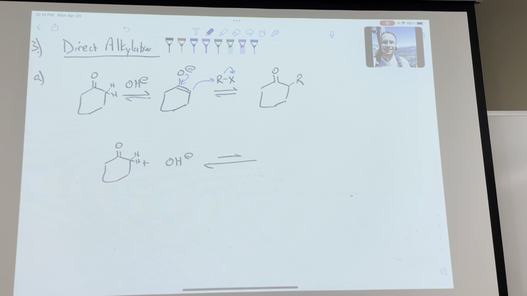So the pKa, as I said a minute ago, of the alpha position is approximately 20. So when that deprotonation happens, our product side is going to be the enolate and water.